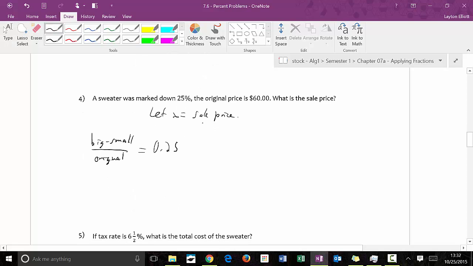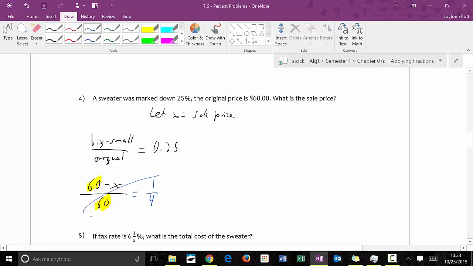My sale price is the smaller of the two, and the original is 60, so I'd go 60 minus x over the original, which is 60 still. Notice how these are the same 60s right here. The big number was the original price, and we're going to make that equal to 1/4, because 0.25 is 1/4.